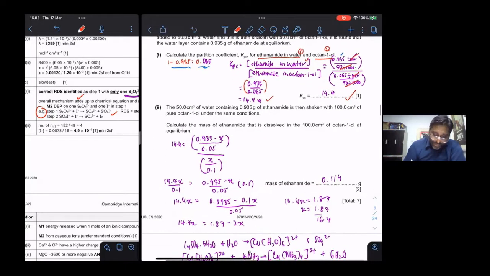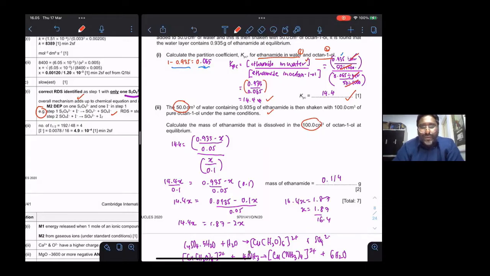Now, this one is going to be slightly tricky. Do not go straight into this question thinking it's so easy and just do it, because first you are dealing with different volumes. You cannot simply cancel. You are dealing with different volumes, and you are taking 0.935 ethanamide, then shaken with pure octan-1-ol.